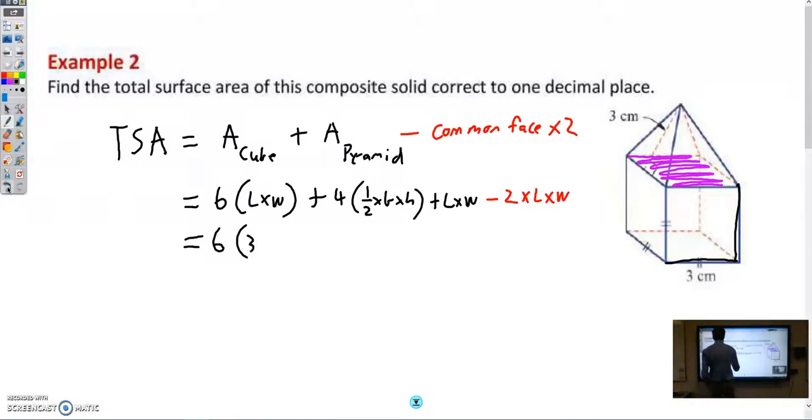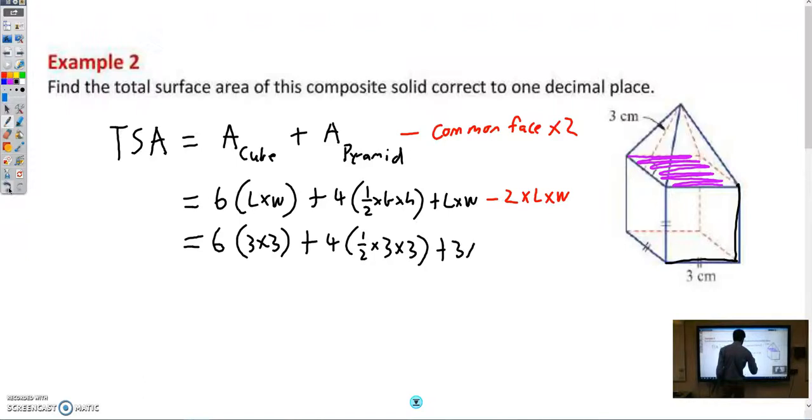So 6 times 3 times 3 plus 4 times a half times my base. The base of the triangle is the same as the width of the square. So half times 3 times the height. The height is given here, which is also 3. Plus 3 times 3 minus 2 lots of 3 times 3.